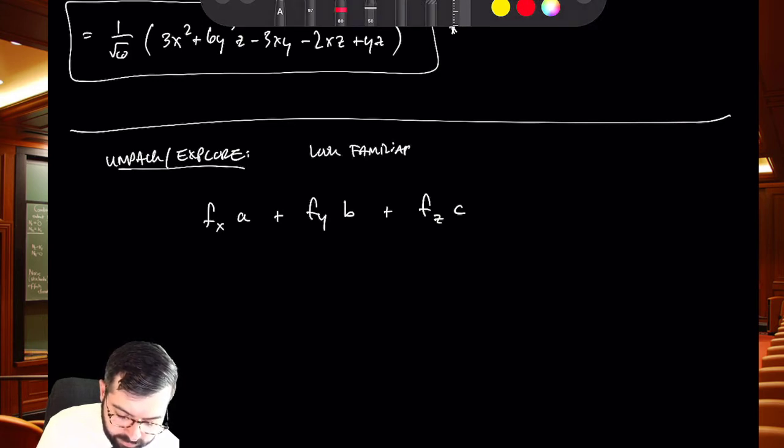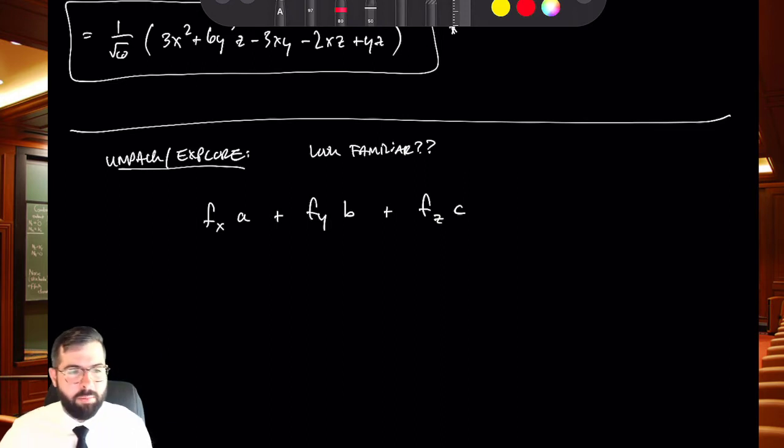So I'll ask you, does this look familiar at all or ring any bells? Not necessarily the symbols themselves, but how this is arranged. What does this look like to you? Something we've done a lot of involving vectors.